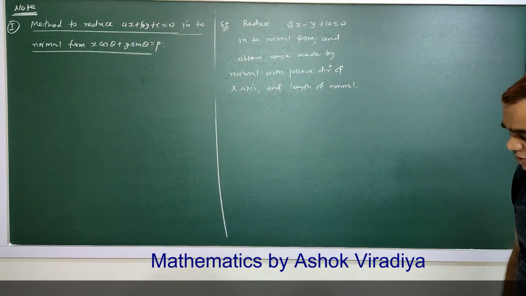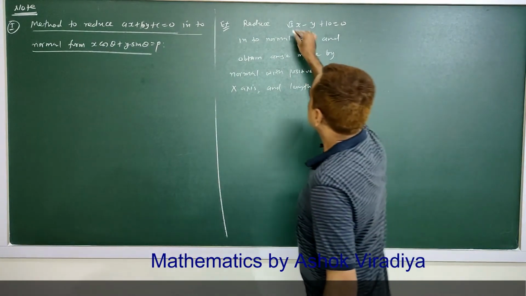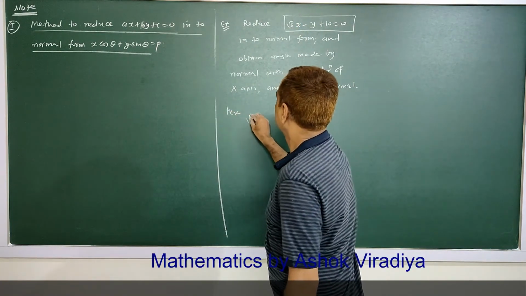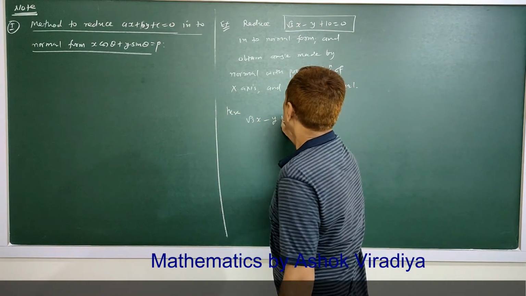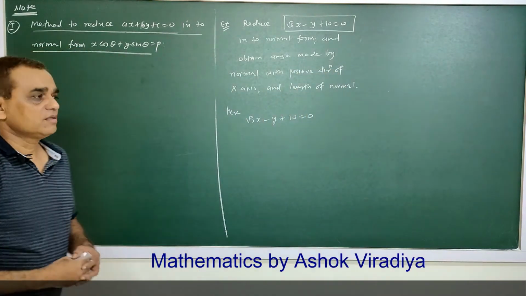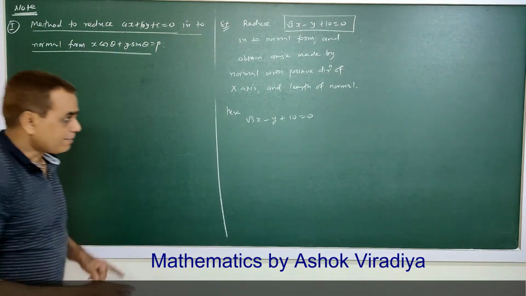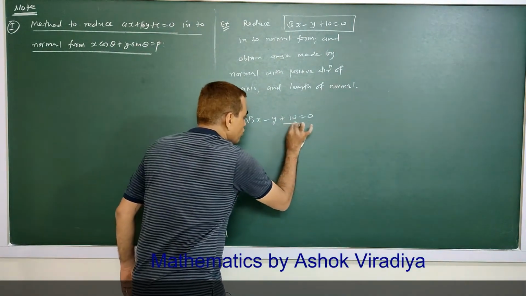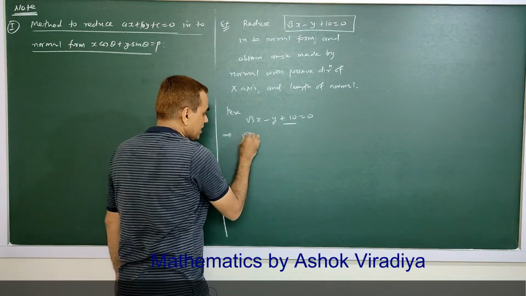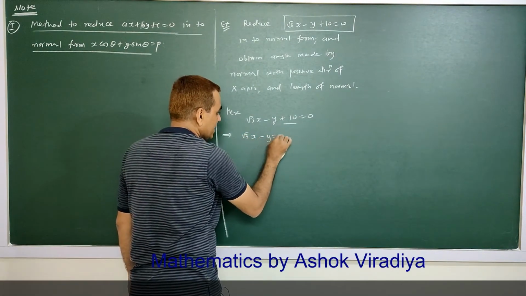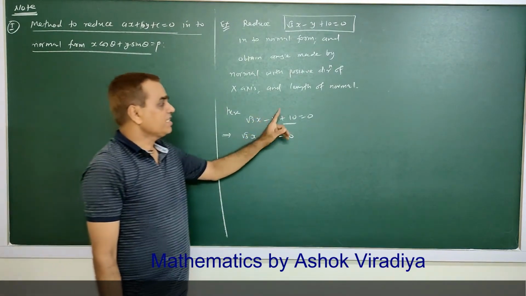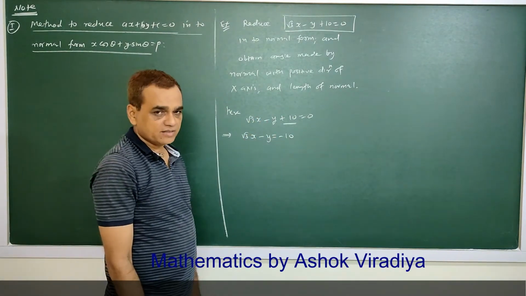So here I start the procedure. This is the given equation: root 3x minus y plus 5 equal to 0. The first step is to shift the constant to the other side. So root 3x minus y equal to minus 5. The constant is taken on the right side.